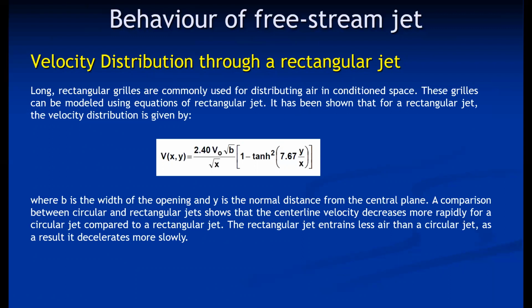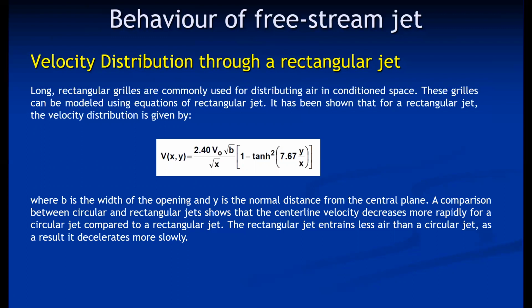A comparison between circular and rectangular jets shows that the centerline velocity decreases more rapidly for the circular jet compared to the rectangular jet. The rectangular jet entrains less air than the circular jet. As a result, it decelerates more slowly.